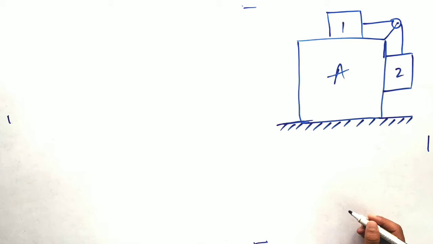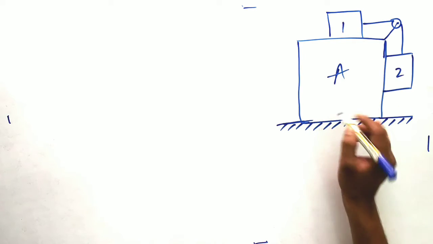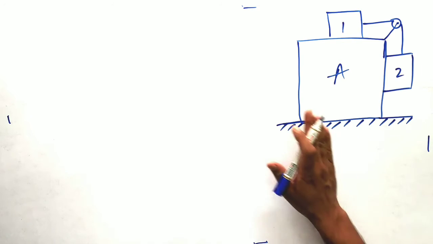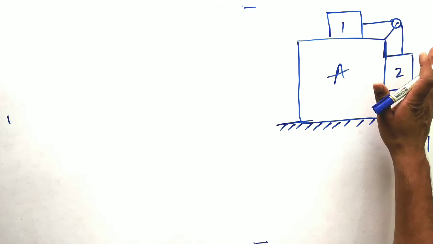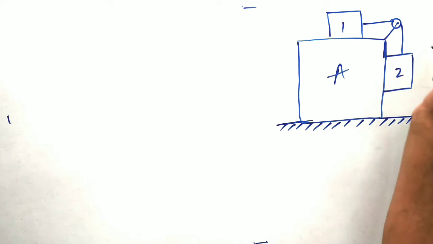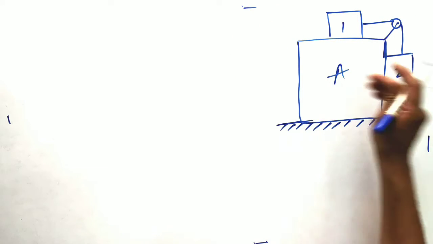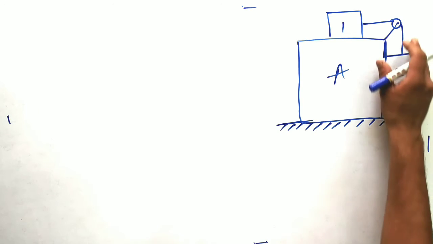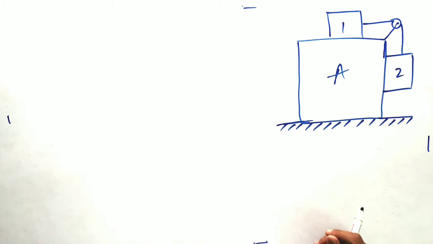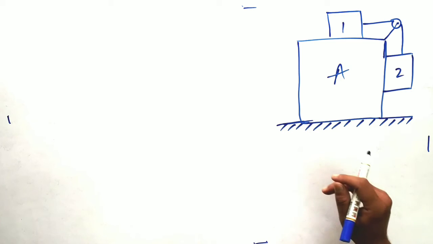The concept is, if we push the block A very hard towards the right, this block 1 is going to move backwards and block 2 is going to move upwards. But we have to calculate the minimum acceleration.